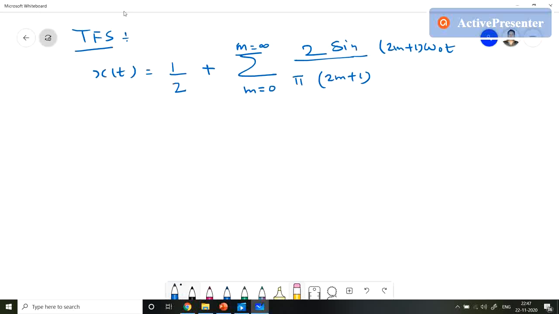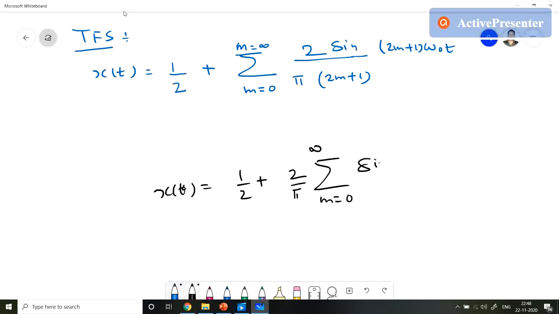So the trigonometric Fourier series I am again writing, it is equal to 1 divided by 2 plus 2 divided by pi. We are putting outside the terms that are not related to m, and that is summation m equals 0 to infinity sine (2m plus 1) omega naught t divided by (2m plus 1).